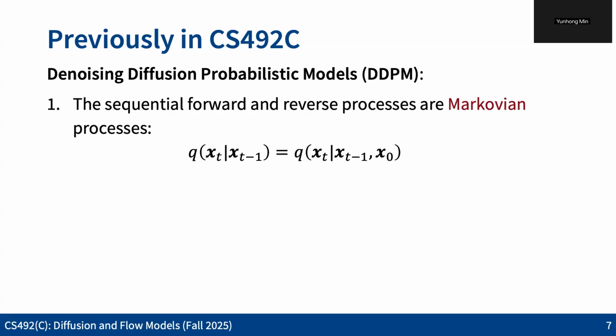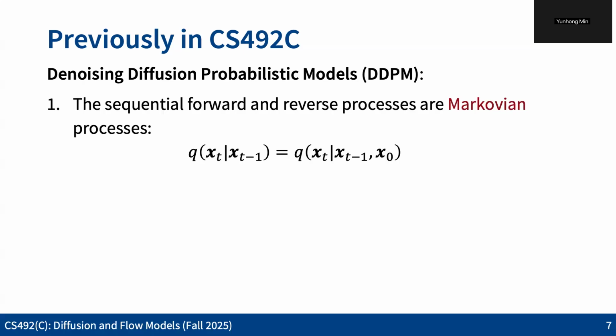So for this basic model, what we are going to assume is that both the forward and the reverse processes are defined as Markovian processes, which means that in the forward process, when you iteratively sample each xt from the previous step, xt minus 1, xt will only depend on the one right before it, xt minus 1, not on the previous states.